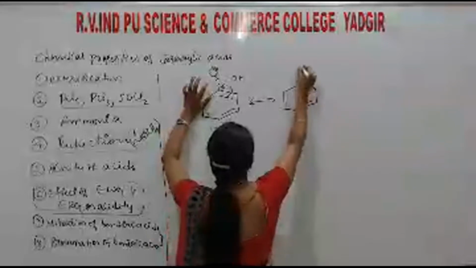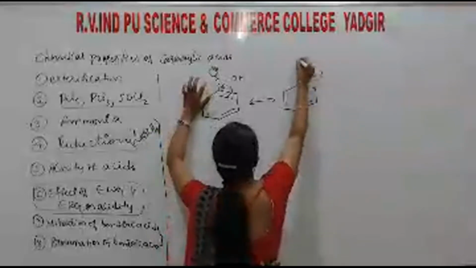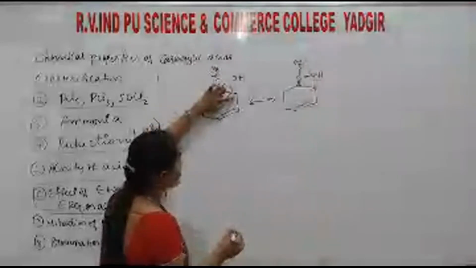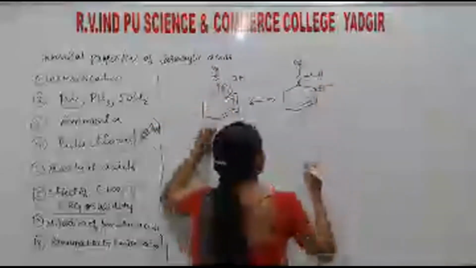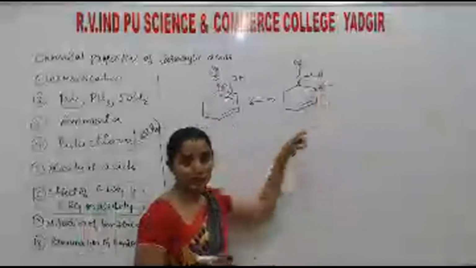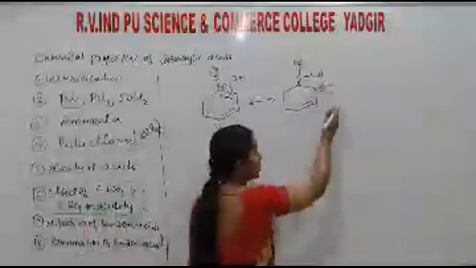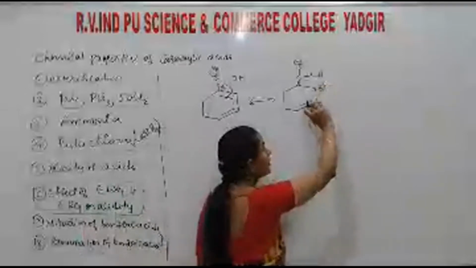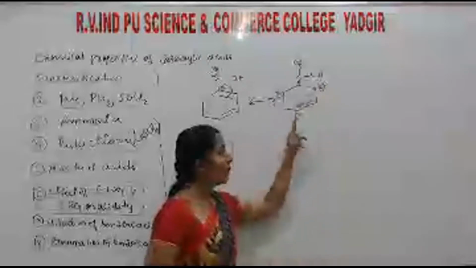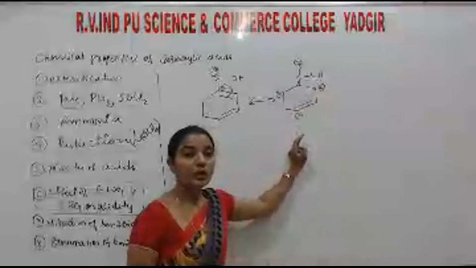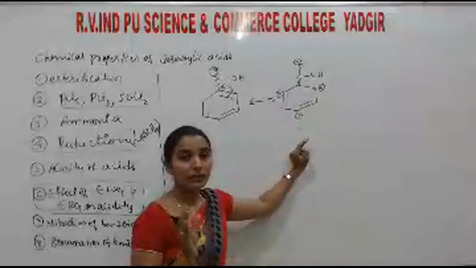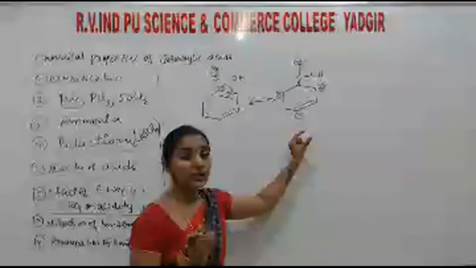Here double bond C, single bond O, OH. Here we will get a minus because electrons are shifted here, and here there is no electron, means here we will get a plus charge. So in the resonance, a plus charge is there. Students, you know that in the resonance we can get a plus charge here. If the bond shifts here, the plus charge may be here, may be here. So in the ortho and para positions, we are going to get a plus charge, where the electron density is less.